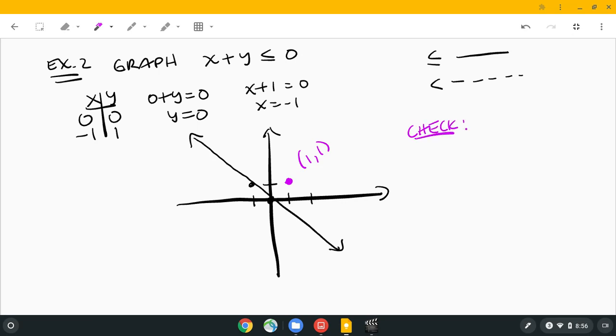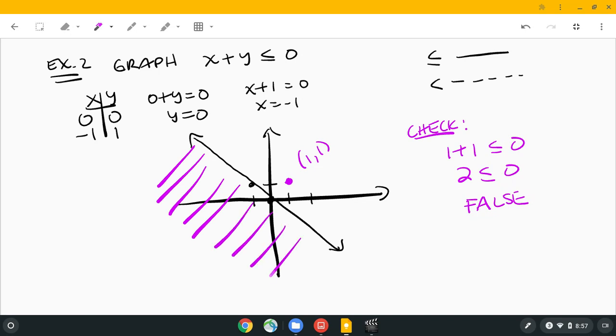Plugging 1, 1 into the original inequality: 1 plus 1 is less than or equal to 0. 2 is less than or equal to 0. That is false. So this side doesn't work. Therefore, this side must work. One of the two sides always works.